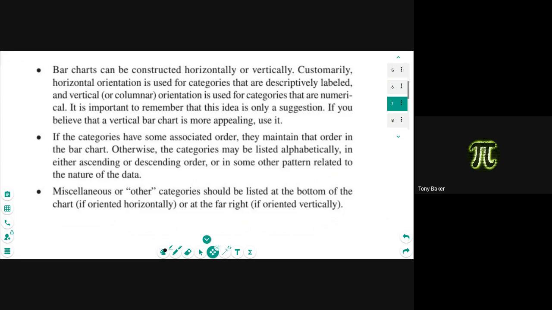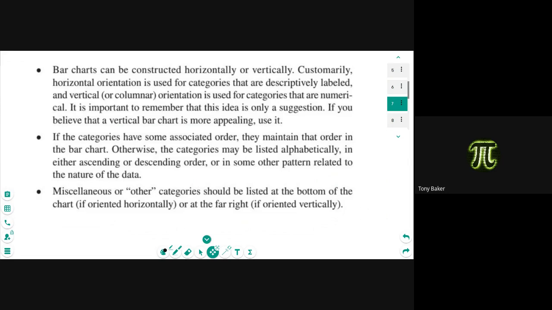So there are some things you want to do for bar graphs. Do not sit there and write all this down. I'm putting this there so it's in the notes. So if you look at it later, it's in there, and I'm going to talk about it all. But do not try to write all this down on the screen. So there are certain things that are the proper way to draw a bar graph. The first thing is it can be constructed horizontally or vertically.